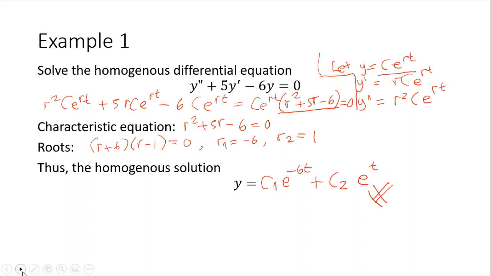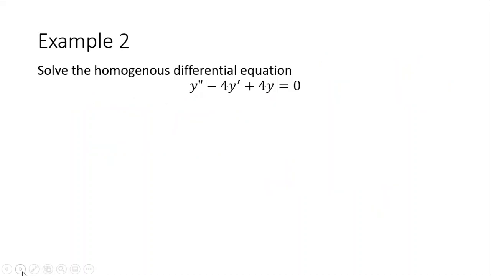All right, what about this example? Again, we have to find the characteristic equation. You can do a similar thing as we have done before, and at the end you will get the characteristic equation r square minus 4r plus 4 equal to 0.